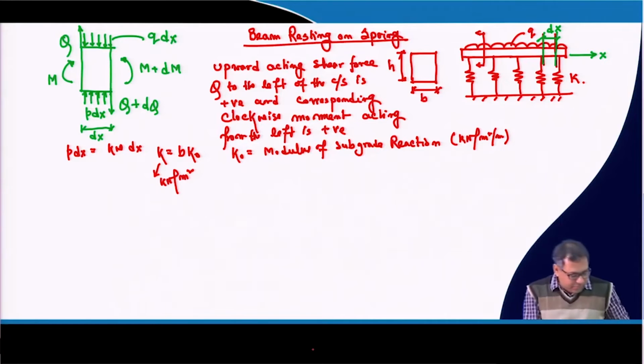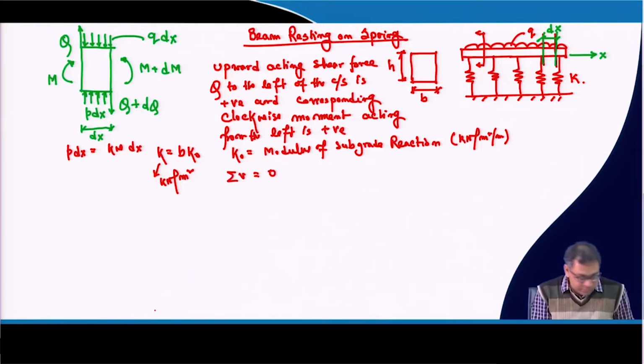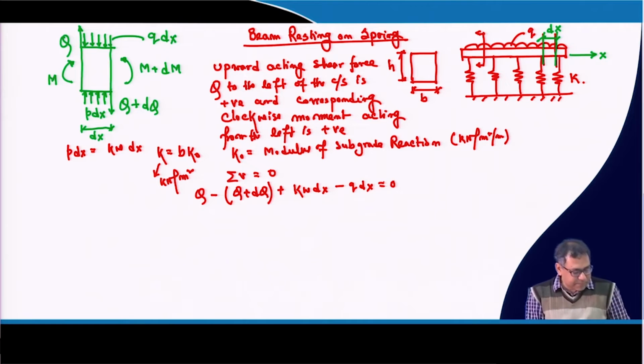Okay. So now if I take the vertical component of all the forces as 0, then I can write q minus q plus dq plus the upward one, this is k w dx, then minus q dx, that is equal to 0.